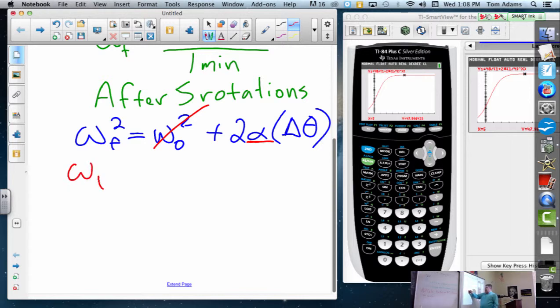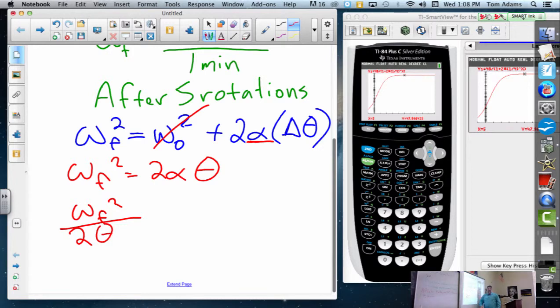So then I have omega squared is equal to 2 alpha theta. If I divide this by 2, and I keep saying omega, but it's theta, watch what I write on the board. Is that the same algebraically speaking? Yes. I didn't feel like writing down the delta. If we wanted to be real formal, we could say delta theta. Doesn't matter.